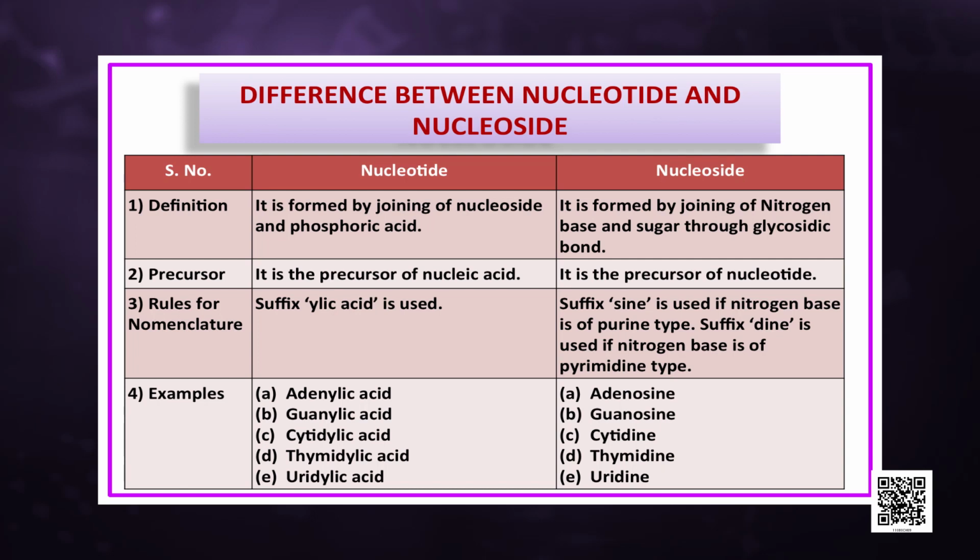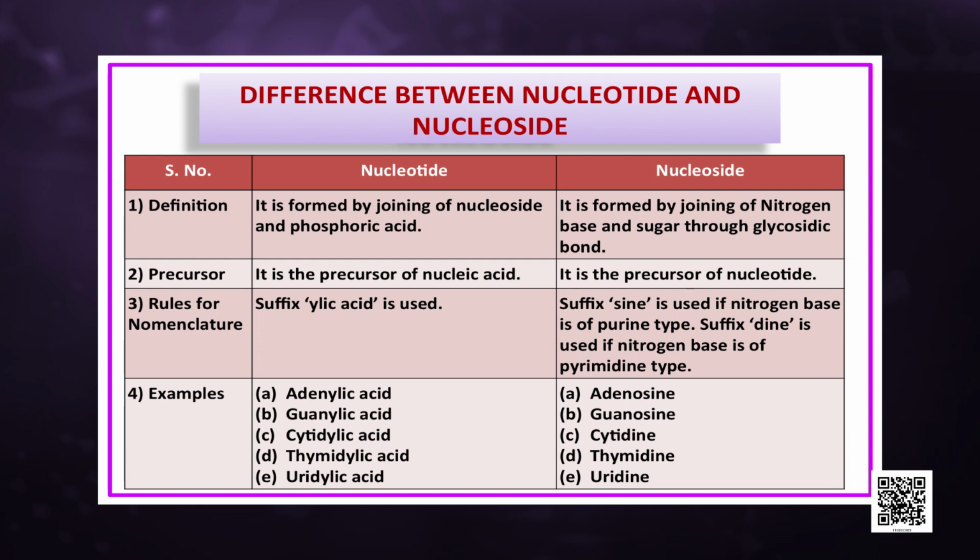Let's try to understand the differences between nucleotide and nucleoside. Nucleotide is formed by the joining of nucleoside and phosphoric acid, whereas nucleoside is formed by joining of nitrogenous base and sugar with the help of glycosidic bond. Nucleotide helps in the formation of nucleic acid.